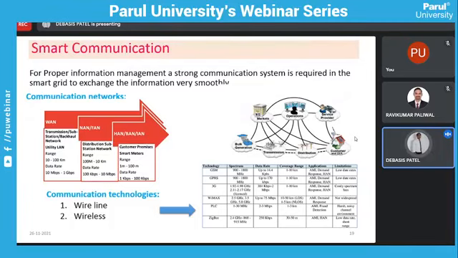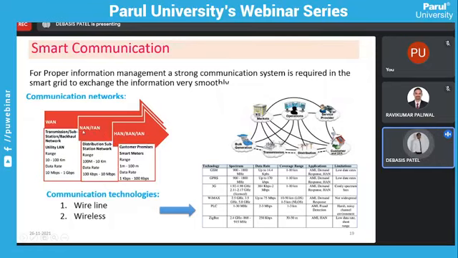Whatever communications take place between our consumers and customers come under home area network, building area network, industrial network, called HAN, BAN, IAN. This is the communication that will take place in our home area, right? Similarly, NAN and FAN.